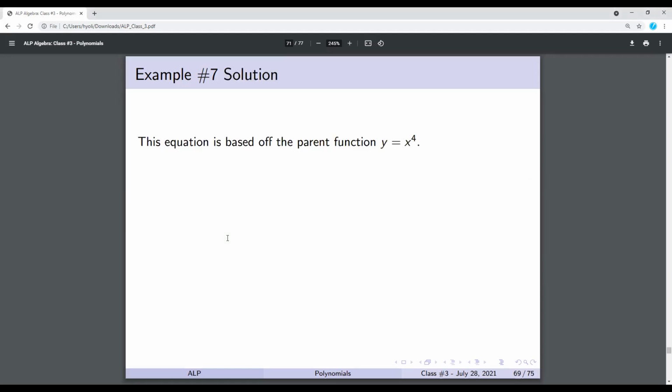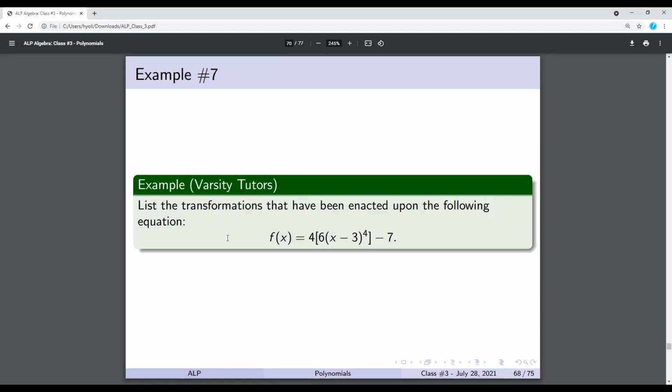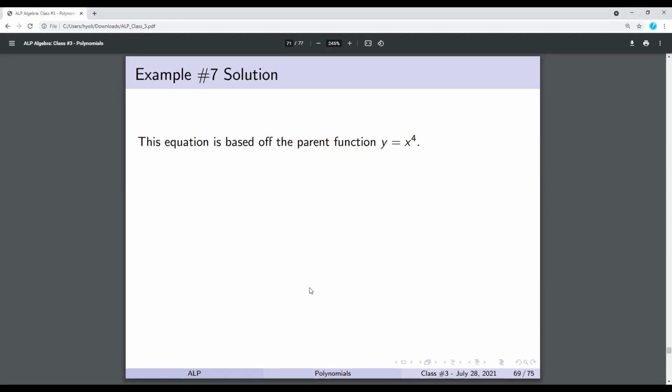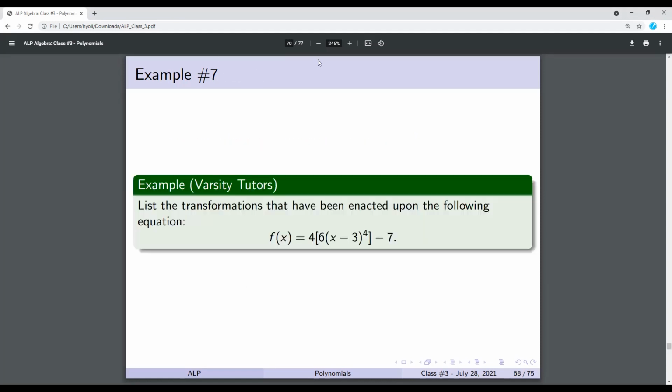So basically, this equation is based off the parent function y equals x to the fourth. One thing we can do is start at the end or start at the beginning.